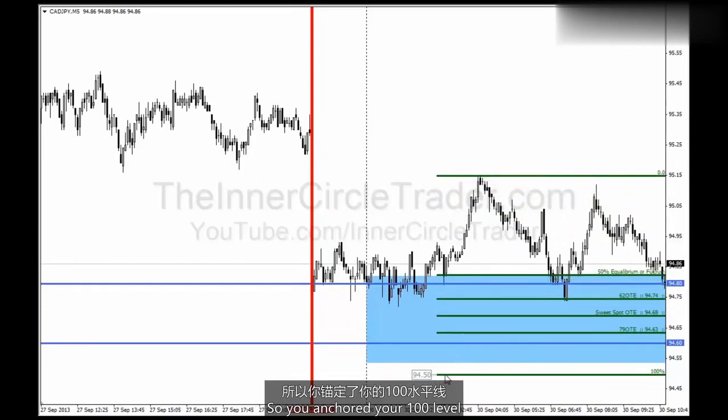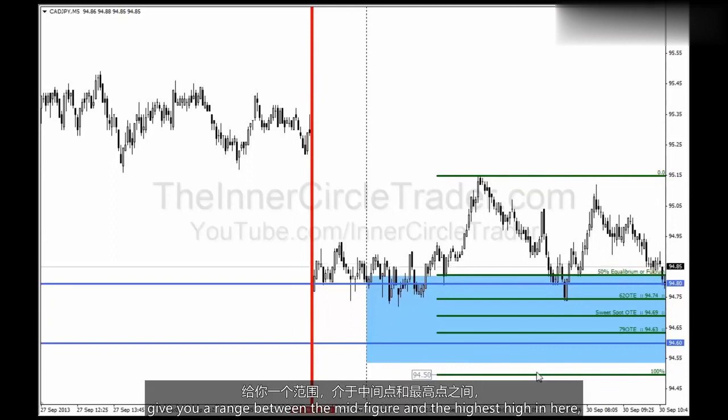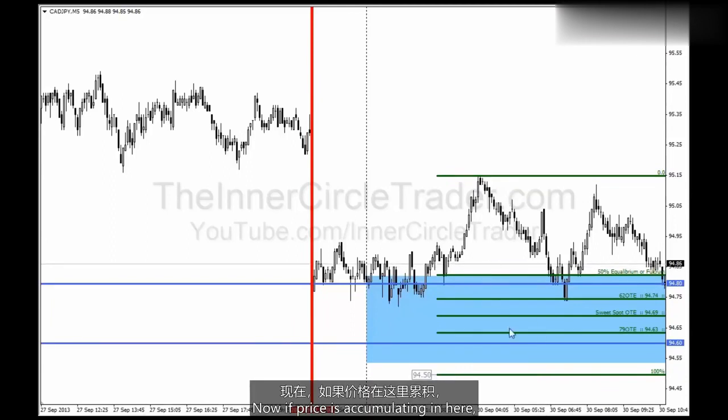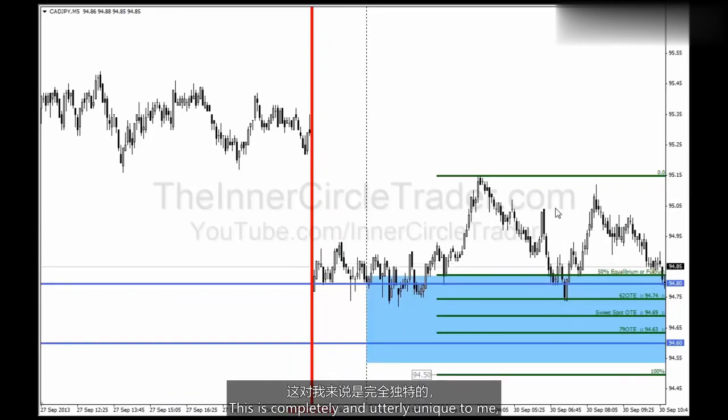So you anchored your 100 level to the 94.50 mid figure point, and that's going to give you a range between the mid figure and the highest high in here. Now if price is accumulating in here, you are not going to see this Fibonacci tool application anywhere else. This is completely and utterly unique to me.